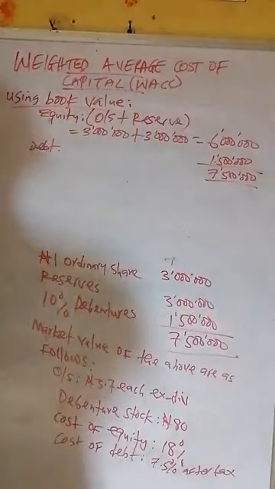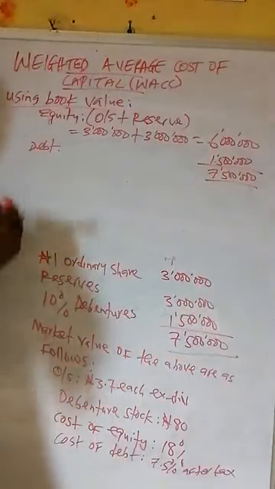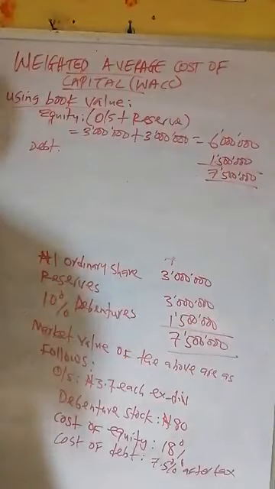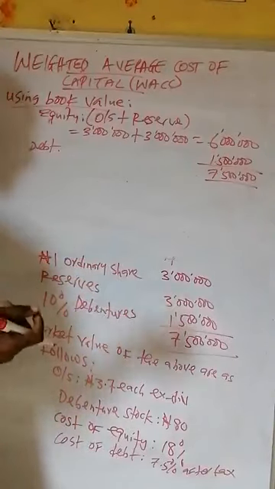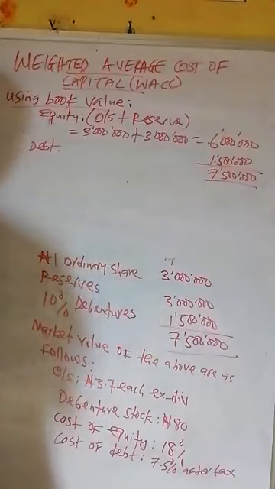Now, what is the WACC? You know we are still using book value. So what is the weight of equity? We can use the formula approach and the tabular approach. So let's use the formula approach in this case.